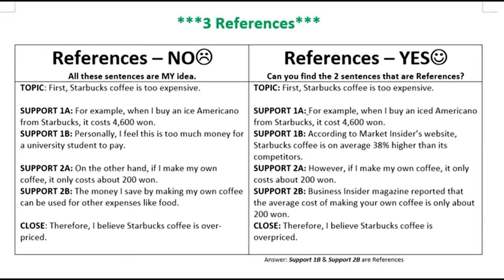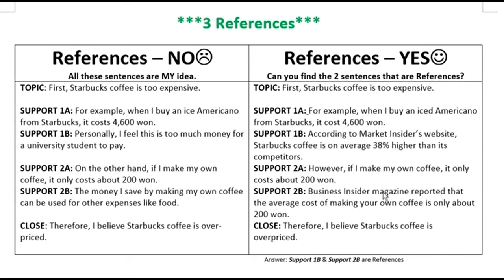Alright guys, so did you find the references? Okay. Oh, there's the hint right there. Support 1B. This is a reference from Market Insider's website. Support 2B. This is also a reference.